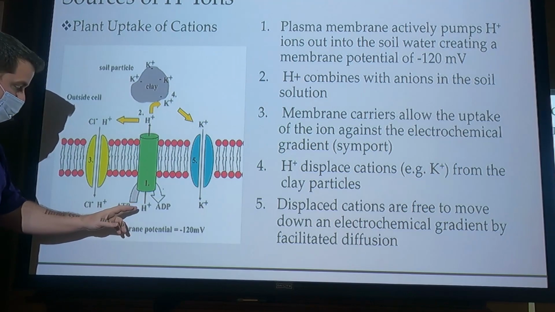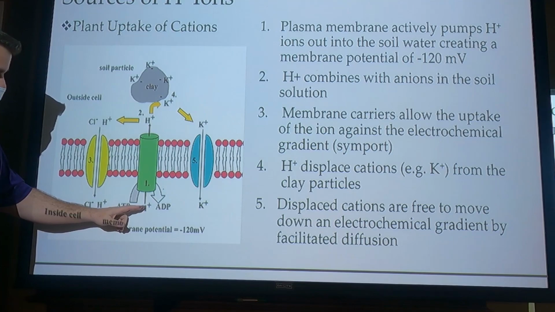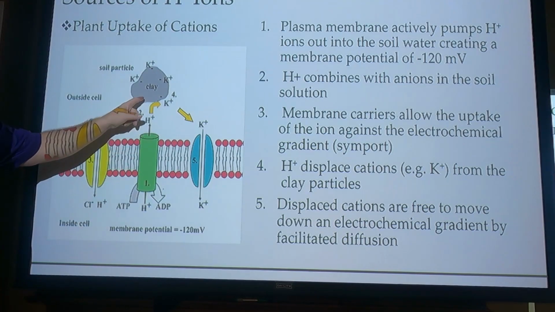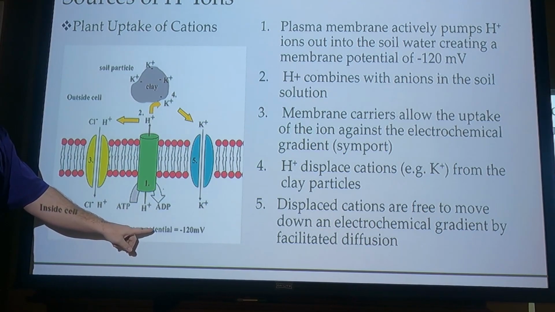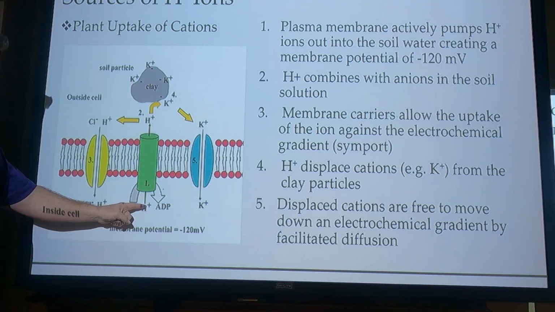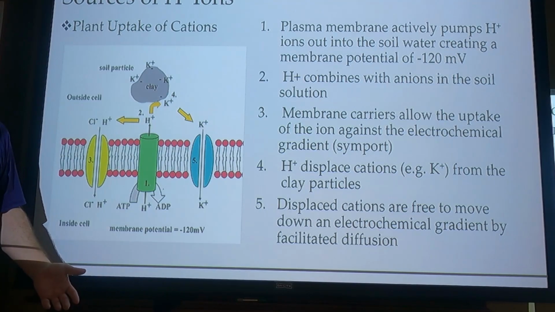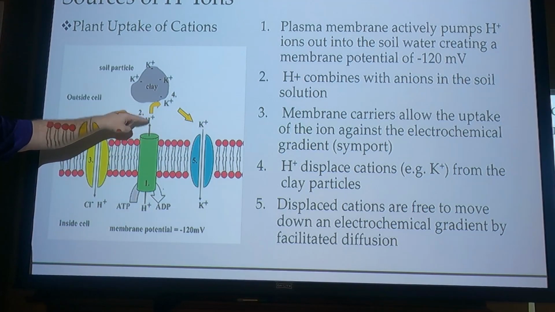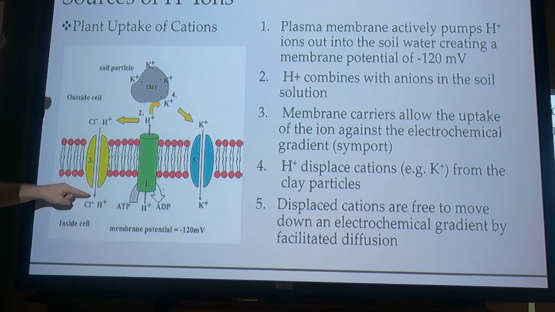So here we have a hydrogen in the plant, and when that hydrogen ion exits, the electrochemical gradient becomes more negative. You can think about this just like a bank account, but in reverse. When this positive leaves, this would now become negative 121. So when the hydrogen enters into the soil, it might bind with an anion, neutralizing that molecule, and then the plant can then take up chlorine.